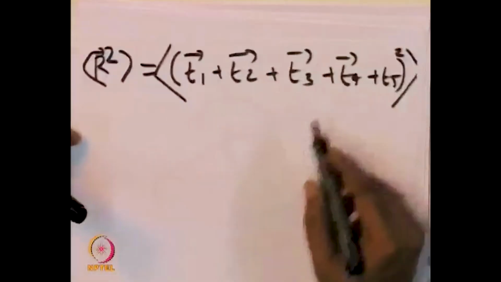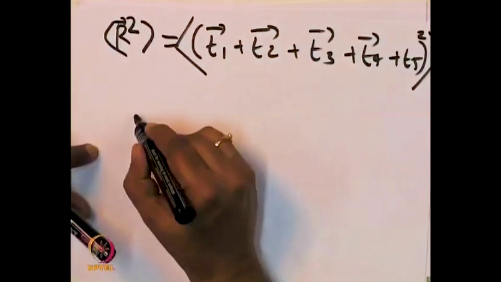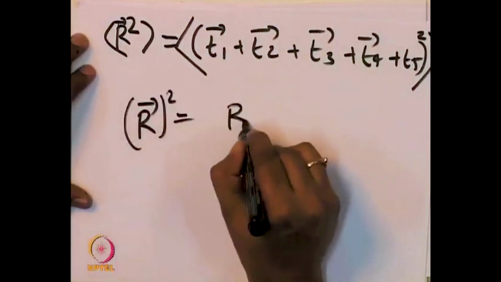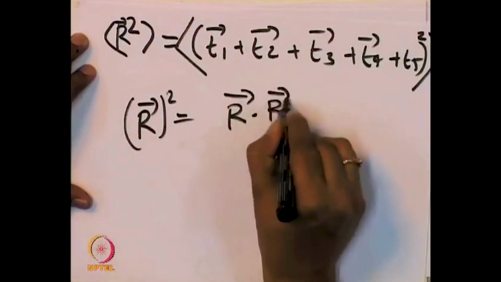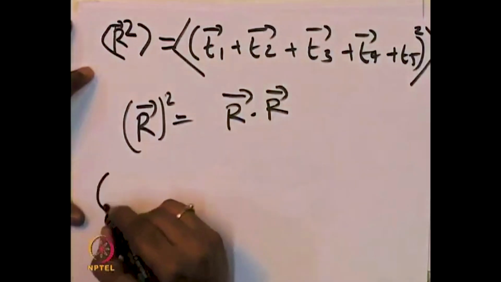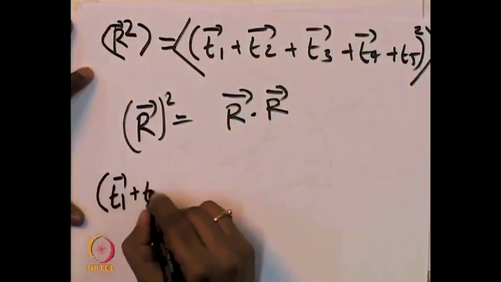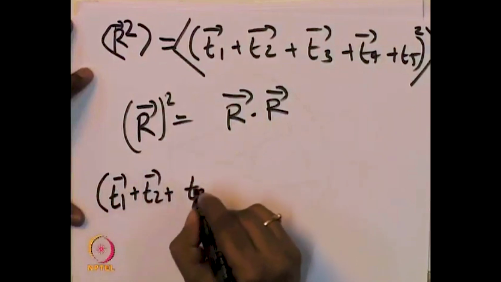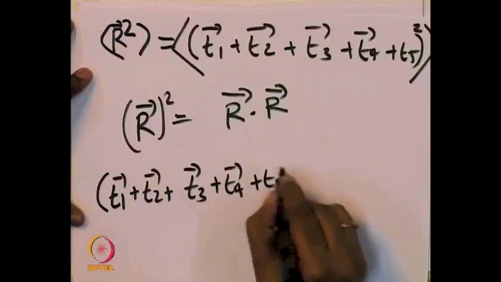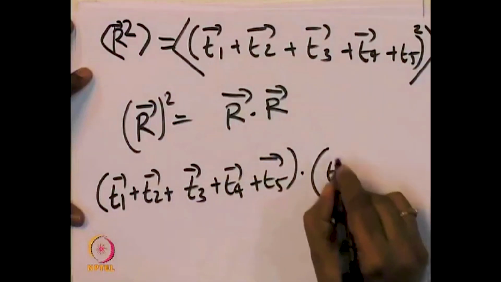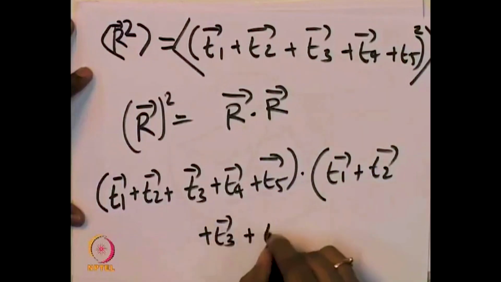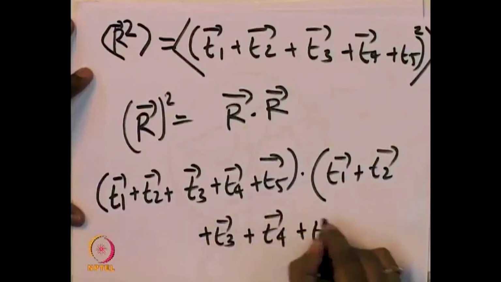So, what is this thing whole square? Any vector square, R vector square, we saw is R dot R. So, basically you have this dot this: T1 vector plus T2 vector plus T3 vector plus T4 vector plus T5 vector dot T1 vector plus T2 vector plus T3 vector plus T4 vector plus T5 vector.